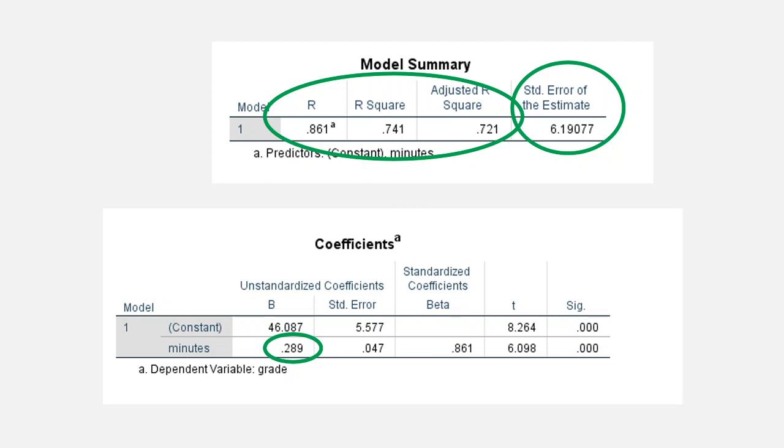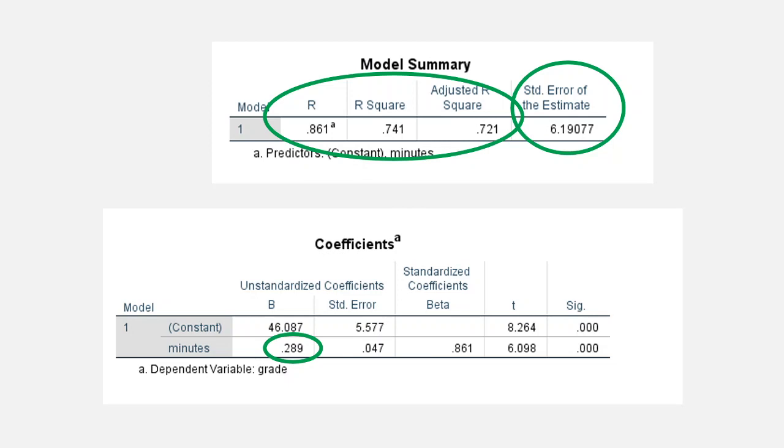Now, specifically when you're trying to get the slope, make sure that you're looking in the row in which you see the predictor variable listed. So minutes was our predictor variable, the X value that we were using to generate predictions. The value in the B column in that row is going to be your slope.